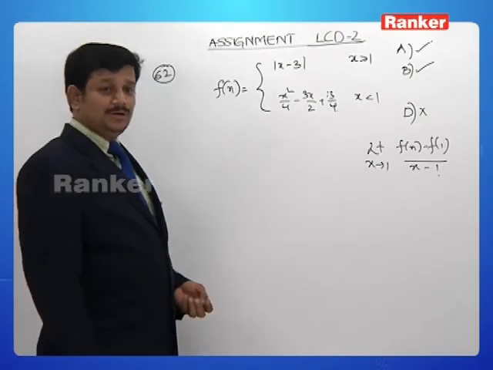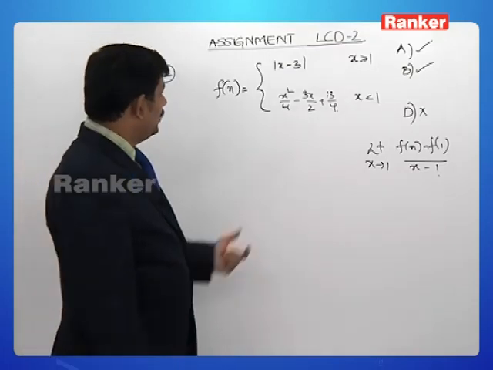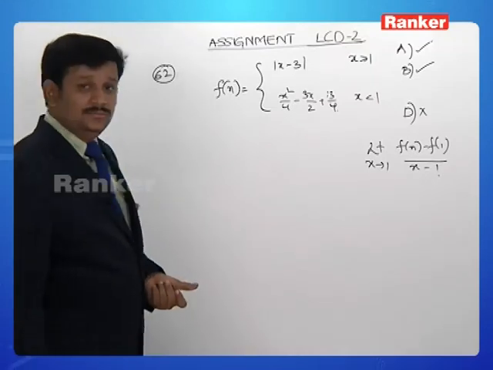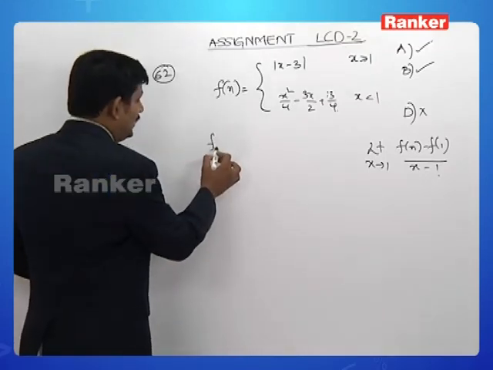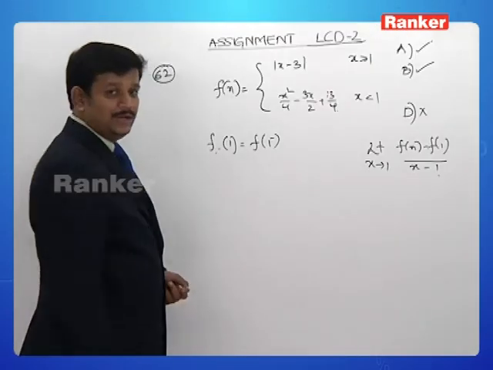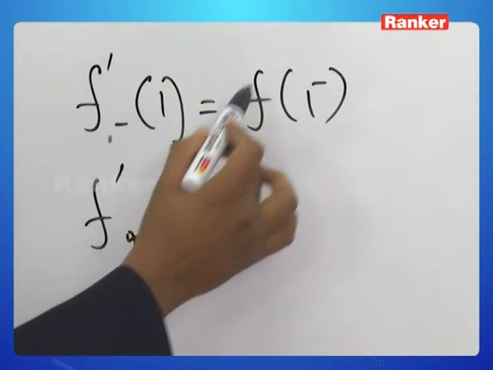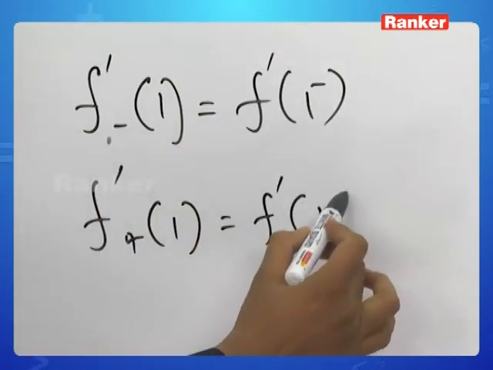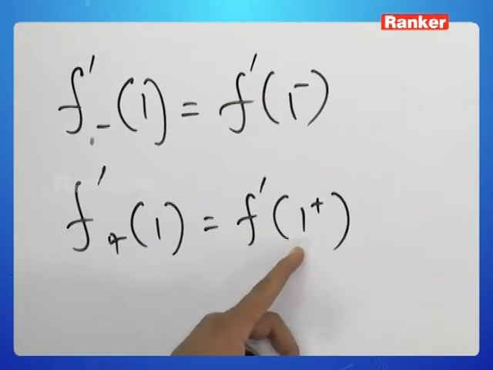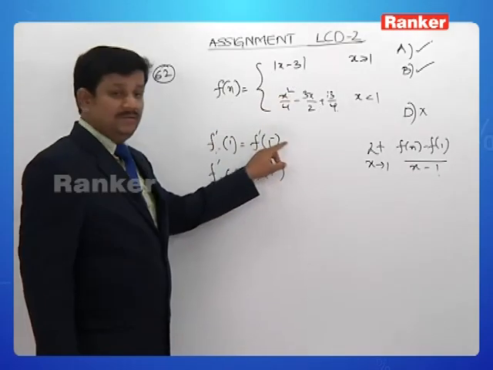But here, because the function is continuous, we already checked continuity at x equal to 1, and also in the piecewise definition we are involved with polynomials, we can say left hand derivative at 1 would be same as derivative at left side point at 1, and right hand derivative at 1 would be same as derivative at right side point at 1. Right hand derivative would be same as derivative to the right side at 1. Left hand derivative at 1 would be same as derivative to the left side at 1.